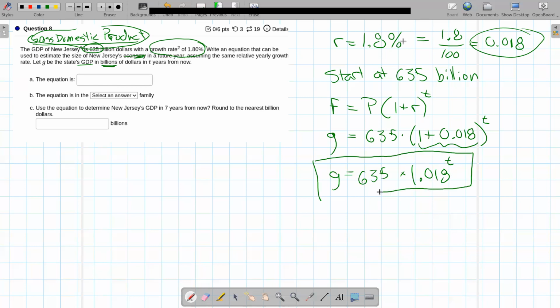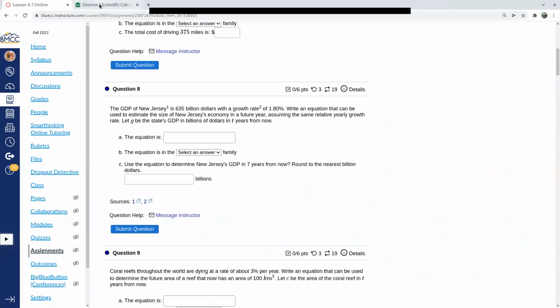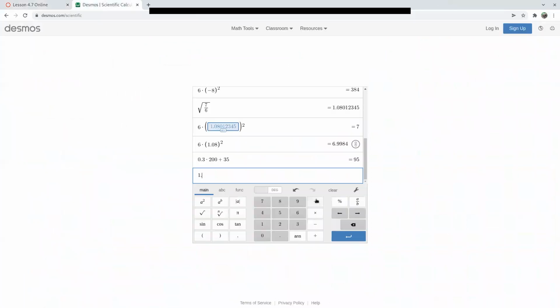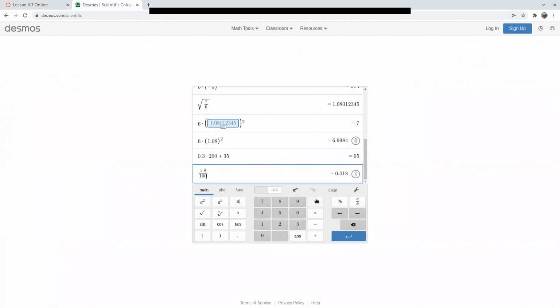Let's double check I got my percent right. This is something you should do too when you're playing with percents. On your calculator, take the given percent, mine was 1.8, divide by 100 to turn it to a decimal, and there's my 0.018. All right, next part.